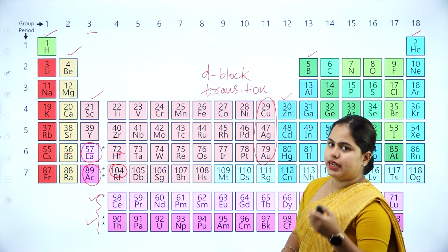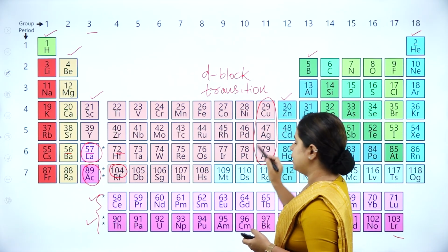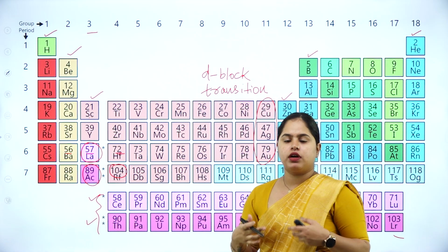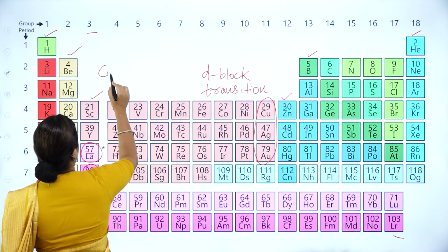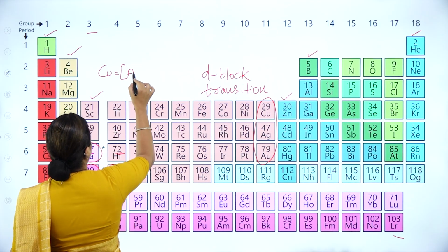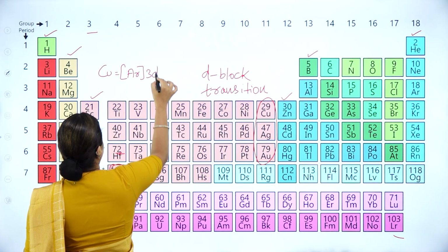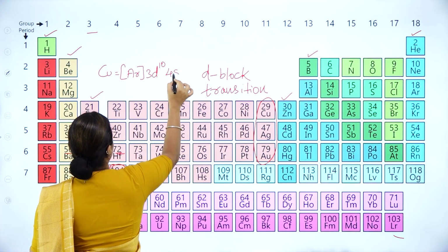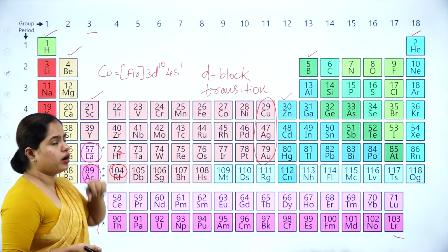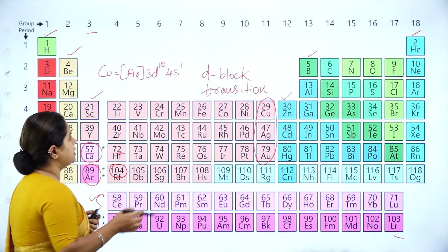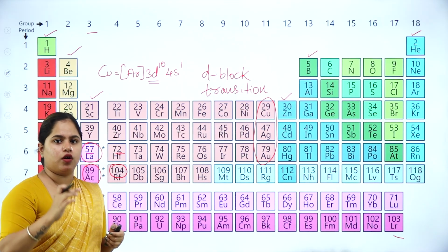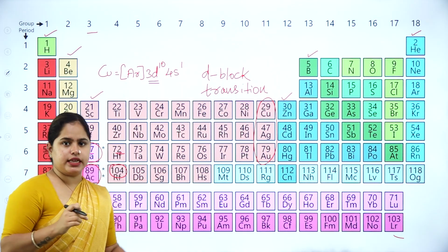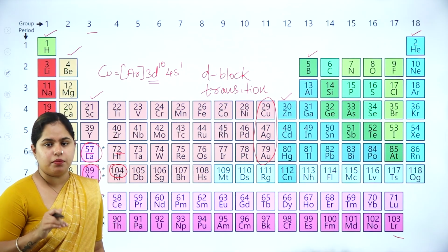If you see the electronic configuration of copper, silver and gold, it might seem not to have an incompletely filled D orbital. The electronic configuration of copper can be written as argon 3d10 4s1. Seeing this, you might say that it is 3d10, a completely filled configuration, right? D10 is there, which means all the D orbitals are completely filled.